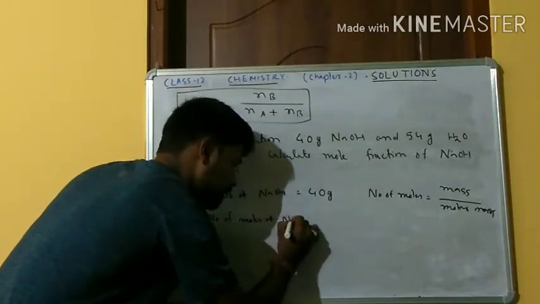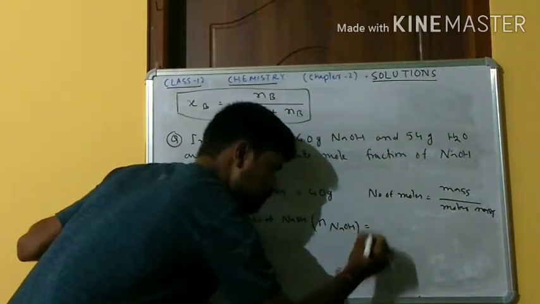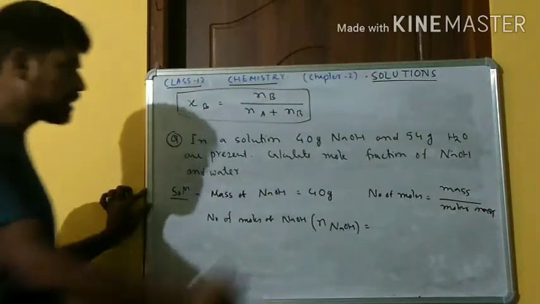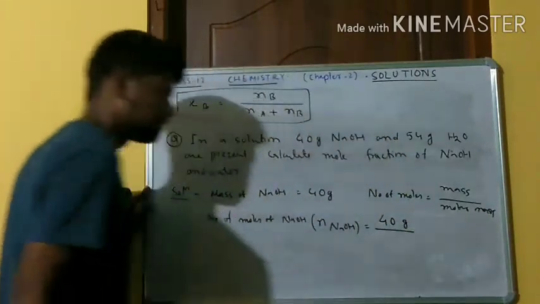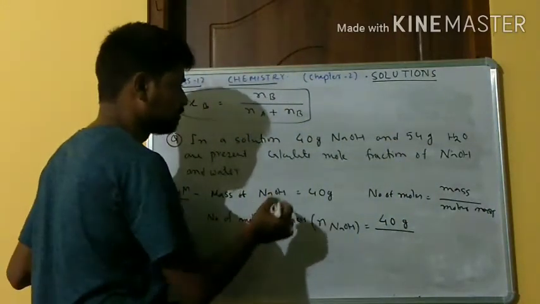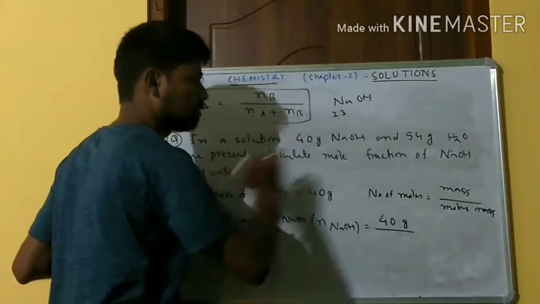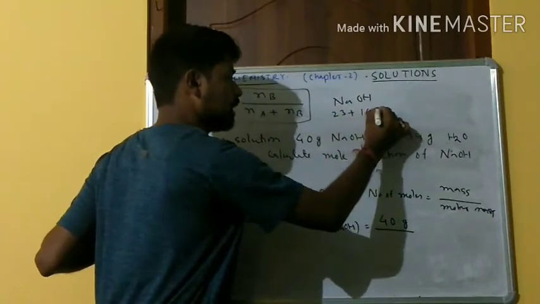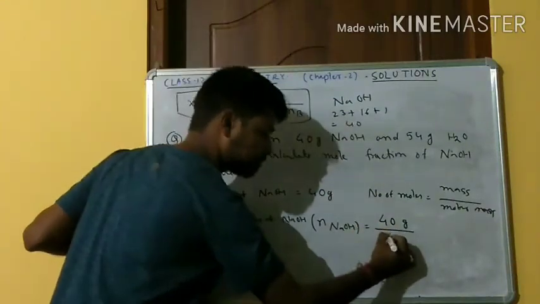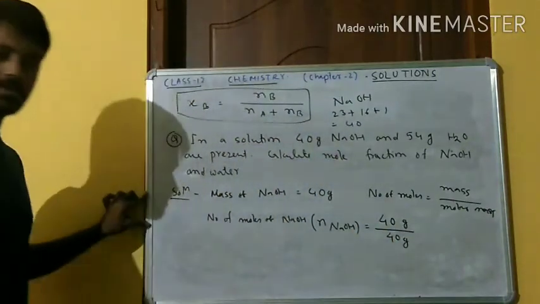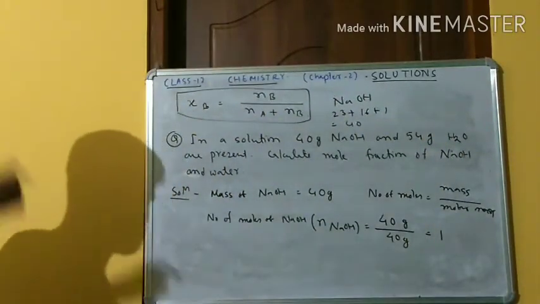The given mass of NaOH is 40 gram, and the molar mass of NaOH is sodium 23, oxygen 16, hydrogen 1, which is 40 gram. So the number of moles of NaOH becomes 1.